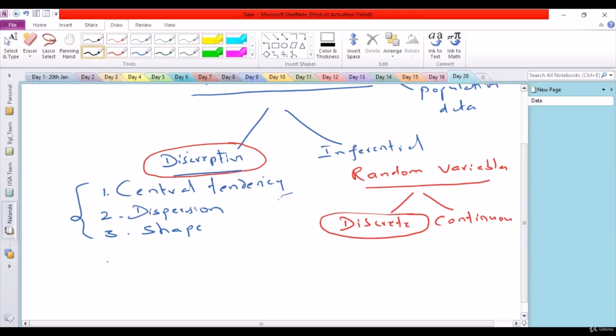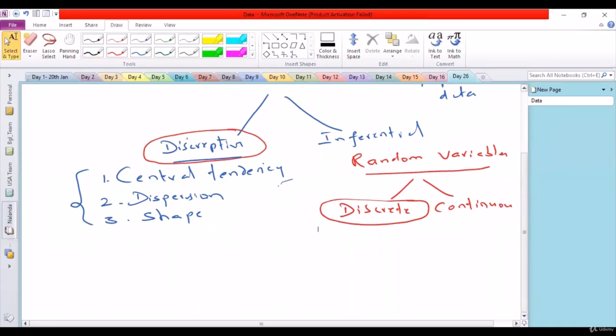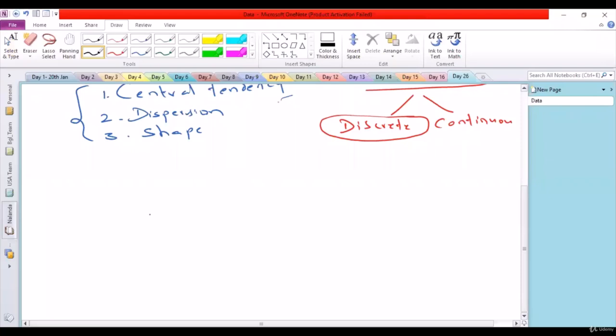Okay. Now, we also talked at very high level. Under this discrete, so why do we want to have such kind of a clarification is first that we need to think about. Suppose if the data is of type discrete, if I want to understand how this particular data is behaving, I need to know certain information about this discrete data.